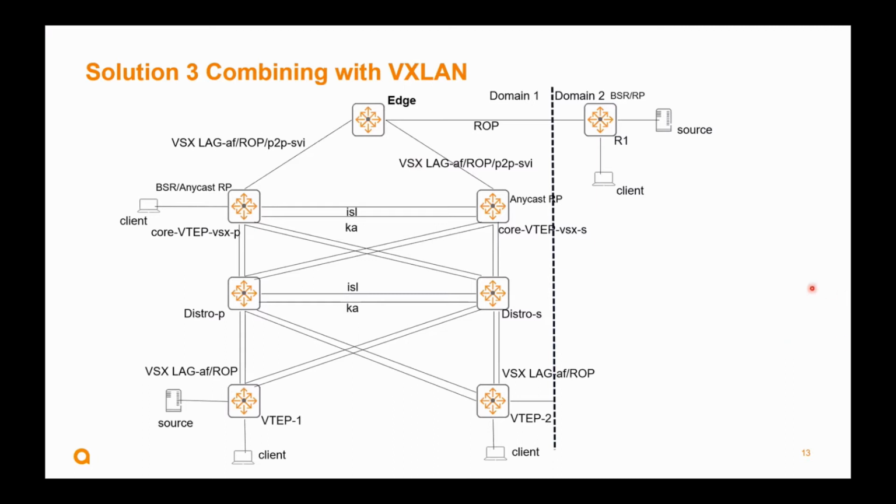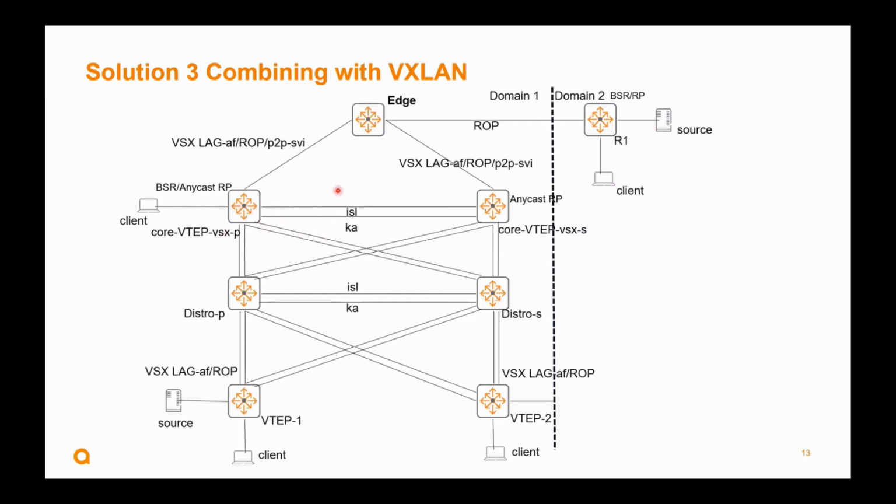All right, so let me bring this here. Solution 3, combining with VXLAN. Key thing to note here, we do not support the BSR boundary and boundary ACL on the VTEP switches, right? So in this case, we have an edge device in, let's say, domain 2, to communicate between domain 2 and domain 1, where we have our VXLAN running.